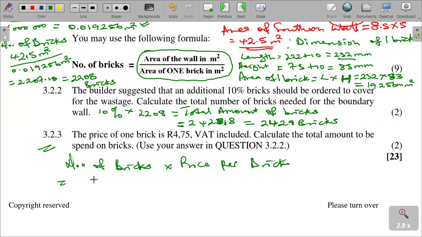We calculated that the number of bricks is 2,429, times the price, which is 4.75.